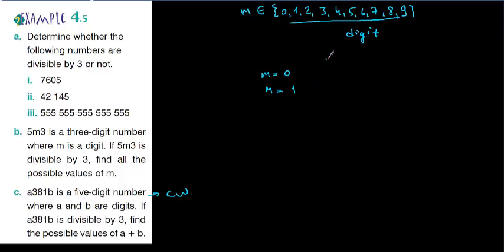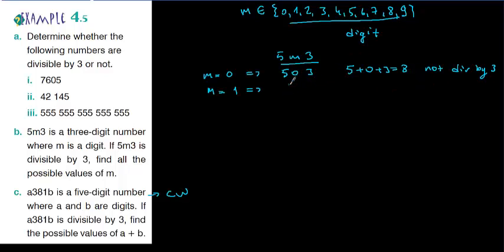Now, if m is equal to 0, our number 5m3 is going to be equal to 503. The sum of its digits, 5 plus 0 plus 3, is equal to 8, and 8 is not divisible by 3.